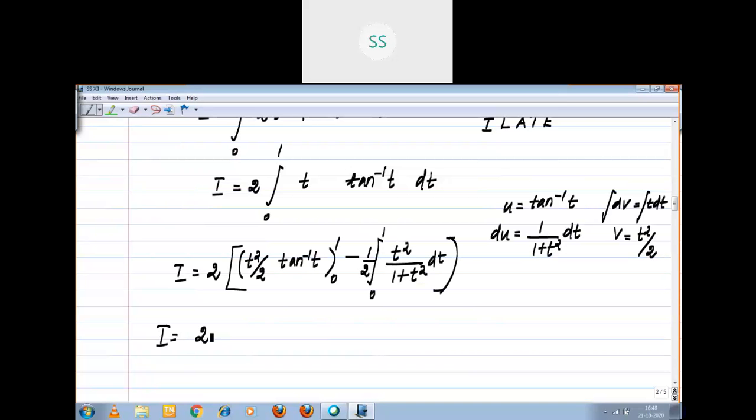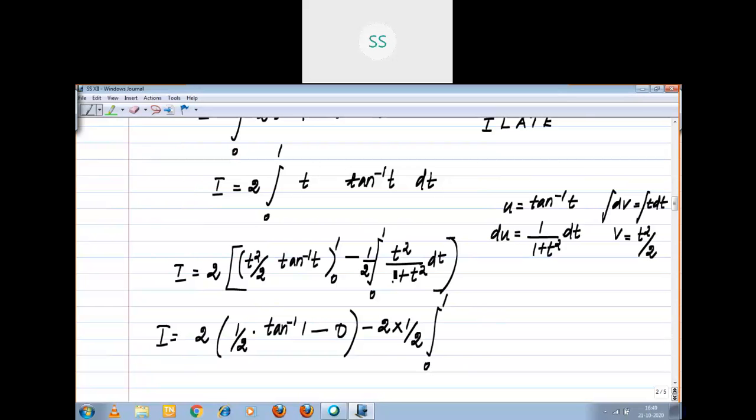First you are going to apply the limit: 1 by 2 into tan inverse 1 minus 0, minus 2 into 1 by 2 of the integral.